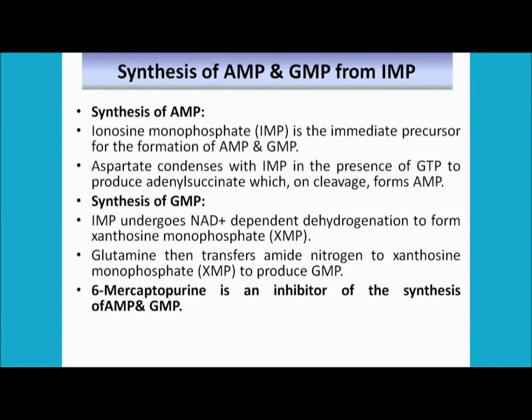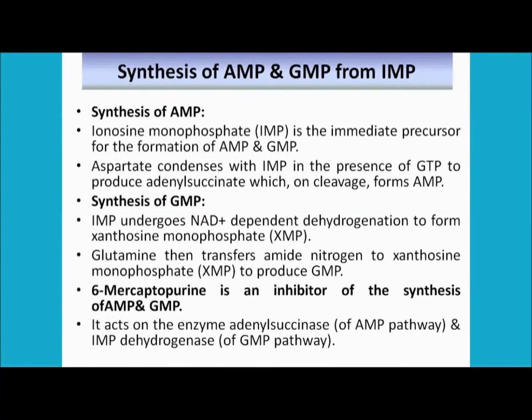Now you should know that 6-mercaptopurine is an inhibitor for the synthesis of AMP as well as GMP. So 6-mercaptopurine can be used in the treatment of cancer because it directly inhibits the synthesis of AMP and GMP, which will ultimately interfere in the synthesis of nucleotide material in the cell, right?